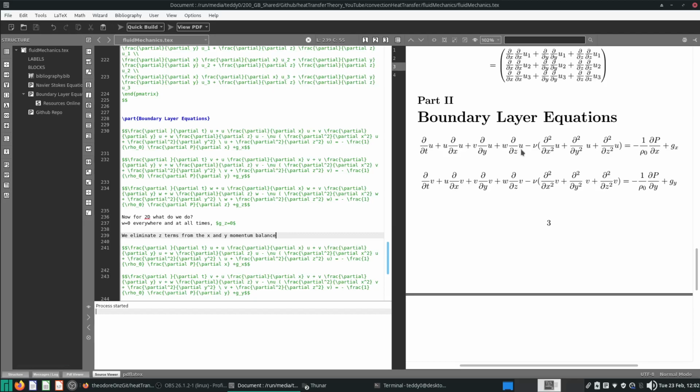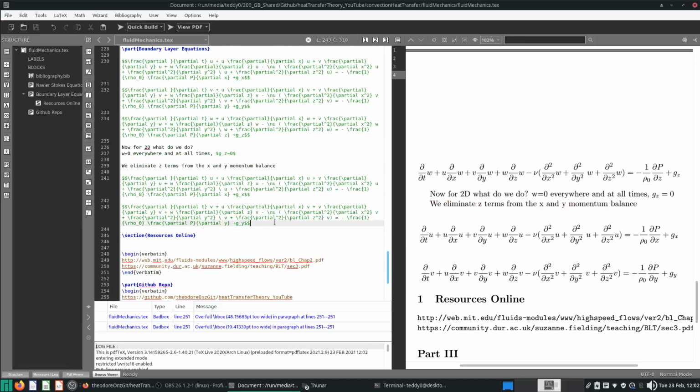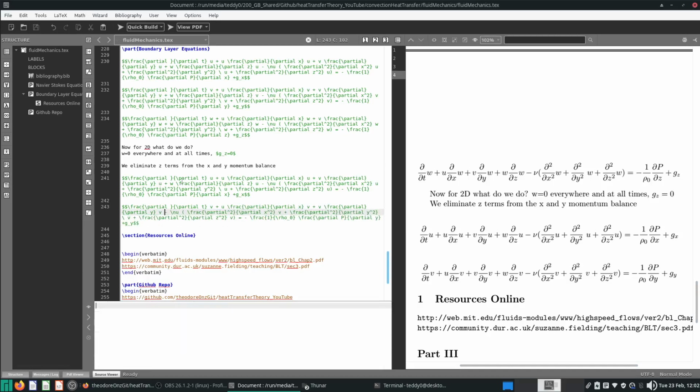Okay, so this w should disappear as well. What else? Yeah, that looks like the only time w is over there. Okay, so let's get rid of the w terms in the substantial derivative. So that's 1, and that's 2. Let's see whether it looks right.